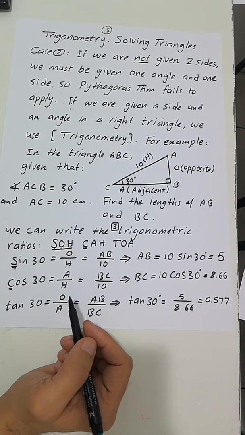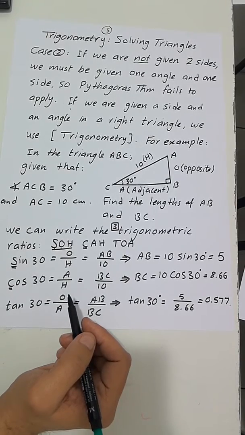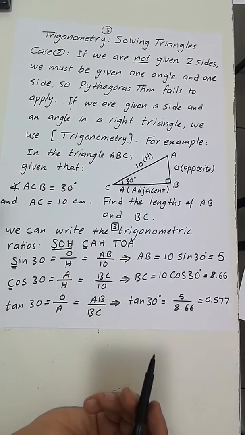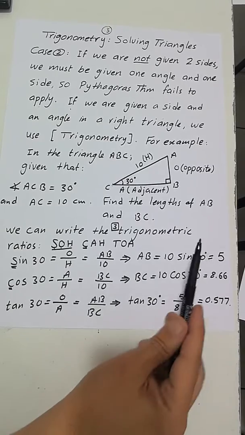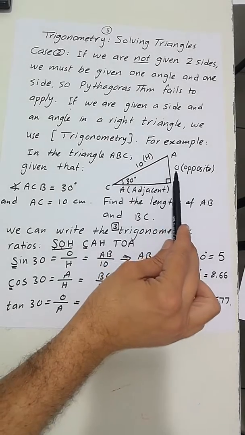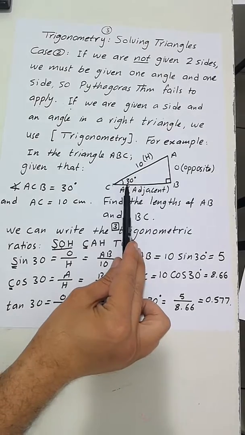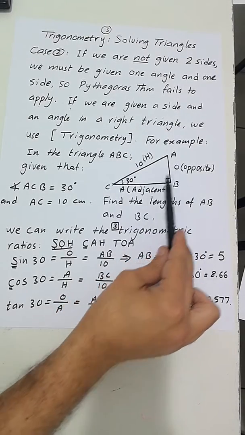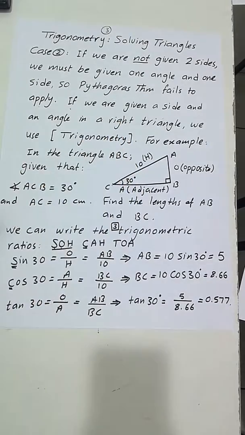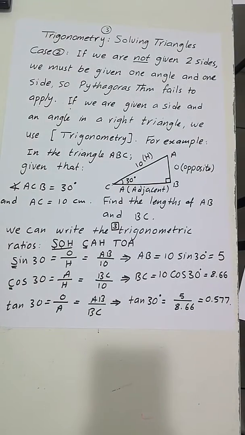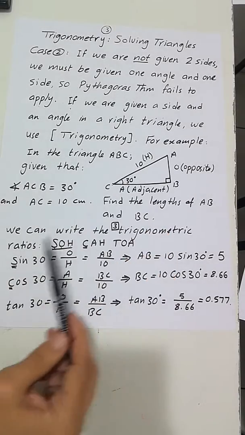So we need to use another rule, another theorem, to solve a triangle with one side and one angle given, where we are not given two sides. So Pythagoras will fail to apply, because Pythagoras solves a triangle with two given sides, which we did in the first case. So how do you find AB and BC?